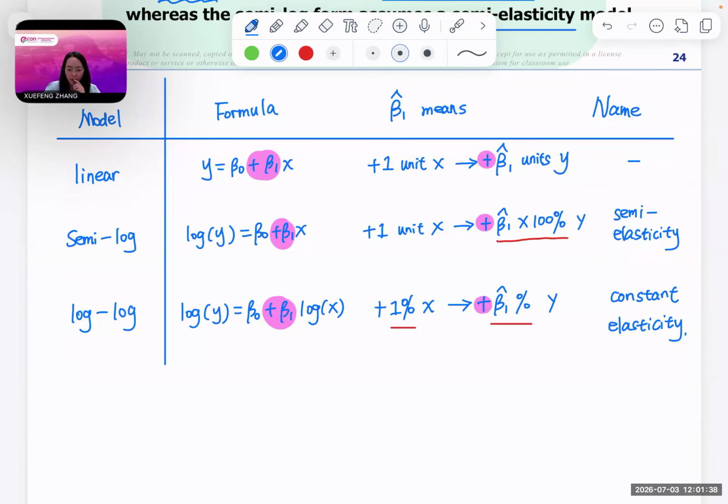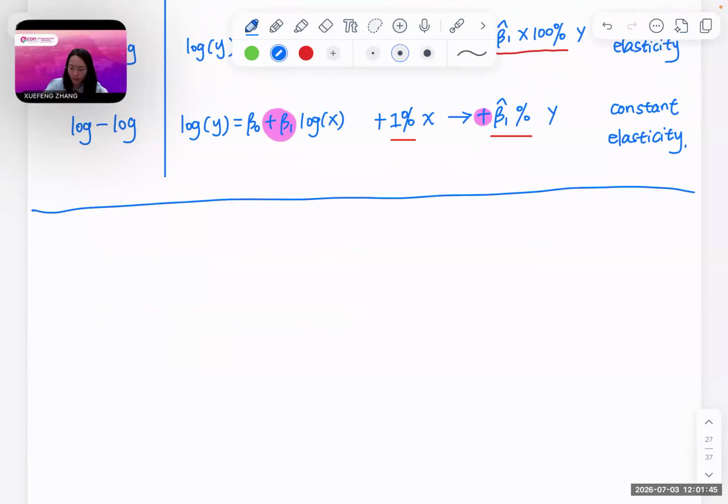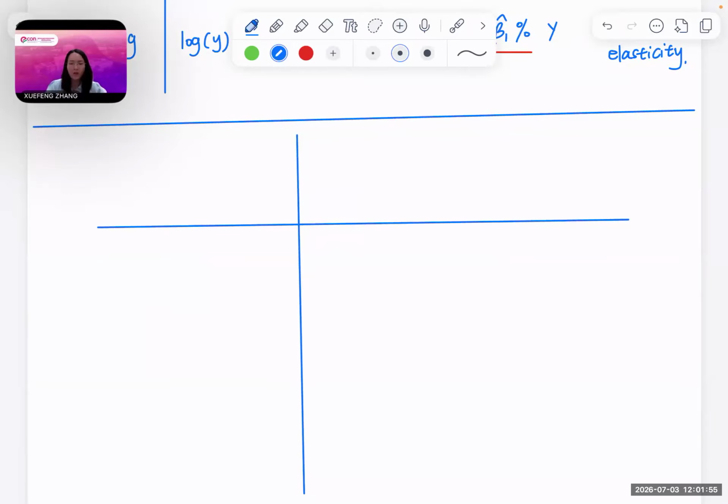Okay, so let's see what we've covered so far, okay? Let me just write a short summary. What is the topic, and what is the key idea?